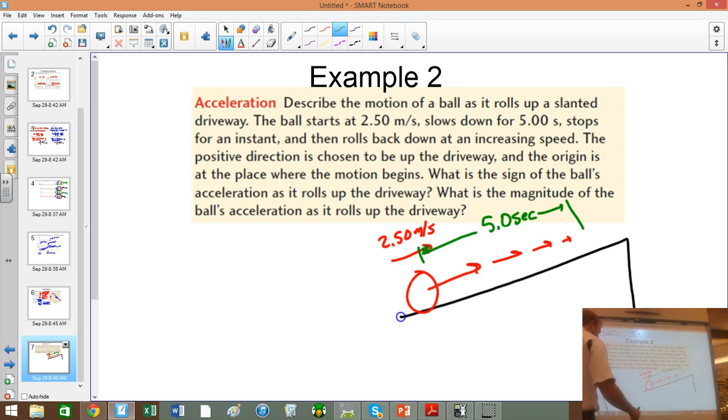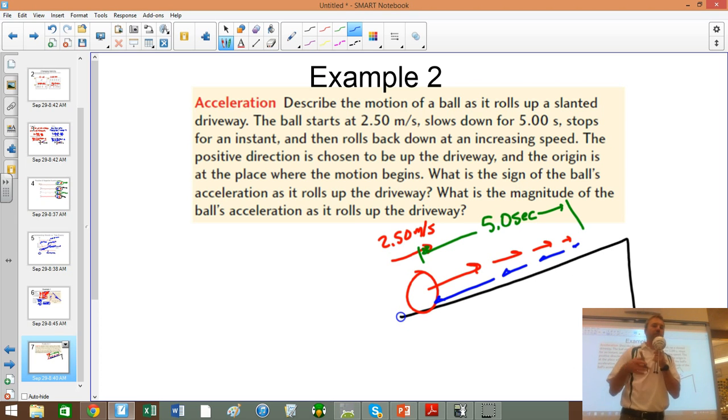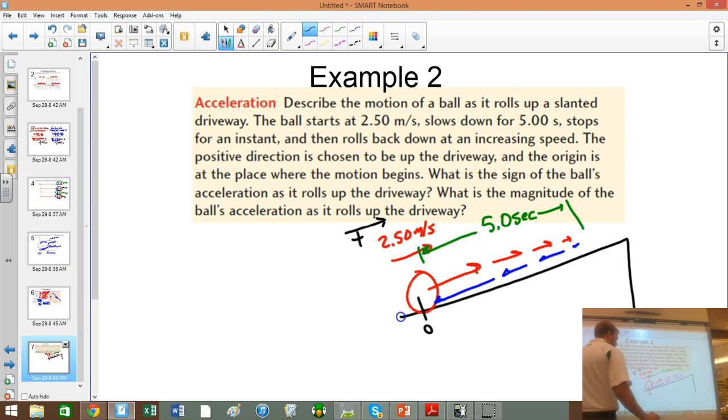Stops for an instant, and then rolls back down. So notice how I made a picture. That's what you should do in every physics problem. Draw yourself some sort of picture to model what the words are saying. It says the positive direction is chosen to be up the driveway, so I'm going to make positive up the driveway. The origin is at the place where the motion begins, so here's where we're going to say where the origin is.